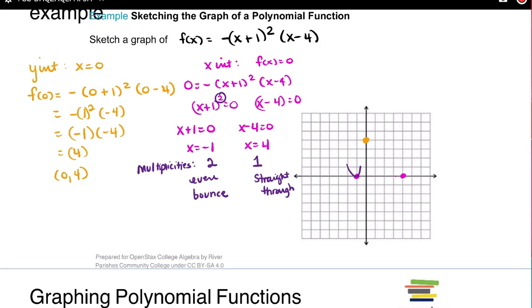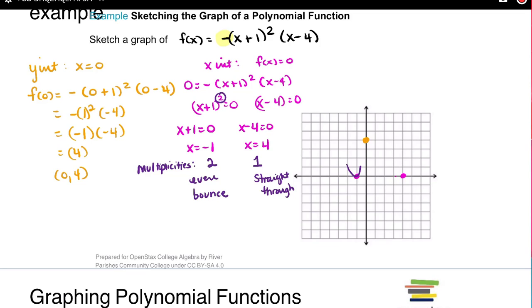So the question is, does it go straight through this way or does it go straight through that way? So let's look at some end behaviors here. Okay, check this out, it's negative. This is negative.